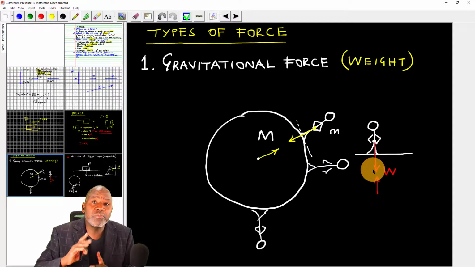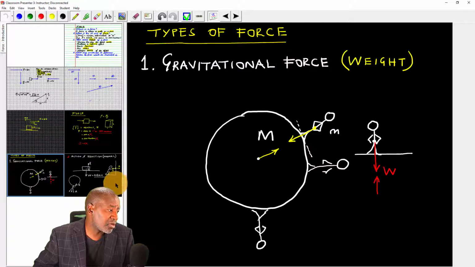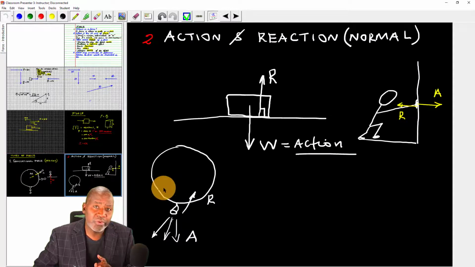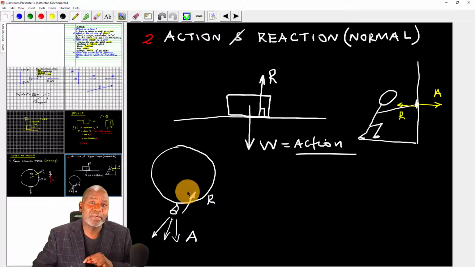In order to keep you in equilibrium, it must exert an equal force in the opposite direction to you. That's how you think about action and reaction. Other types of forces are also action and reaction types of force, and we are going to look at them presently in a moment. Let's just take a break and then we come back.